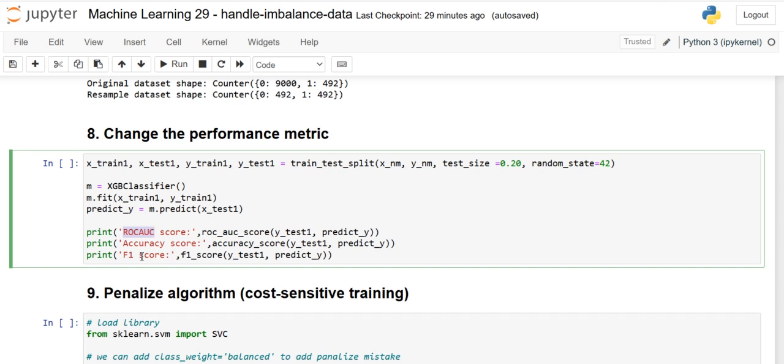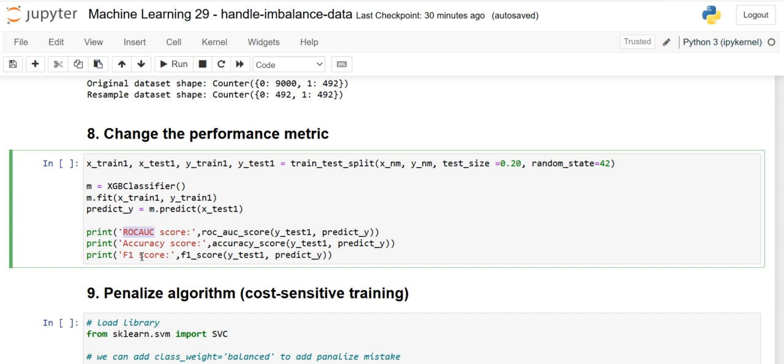And coming to the F1 score, it is the weighted average of precision and recall. Precision is the number of true positives divided by all positive predictions, and recall is the number of true positives divided by the number of positive values in the test data.